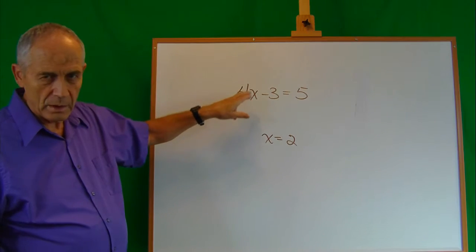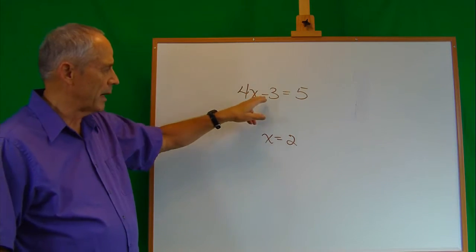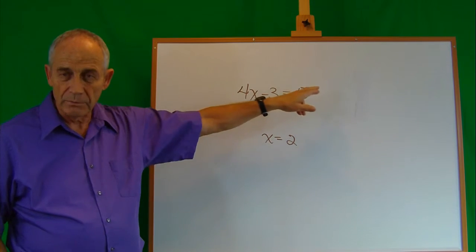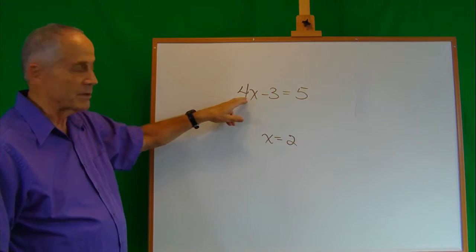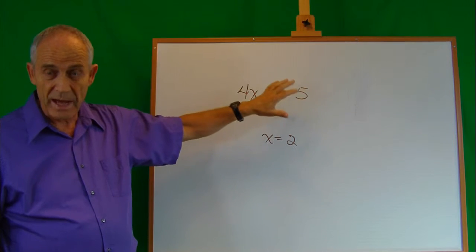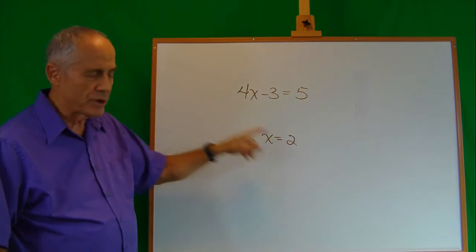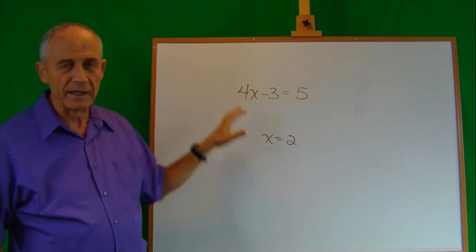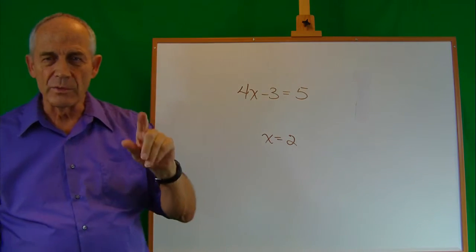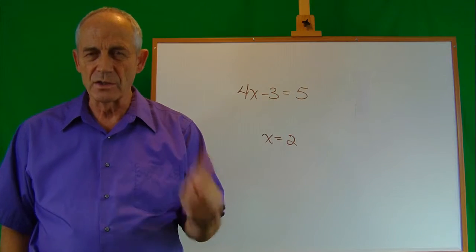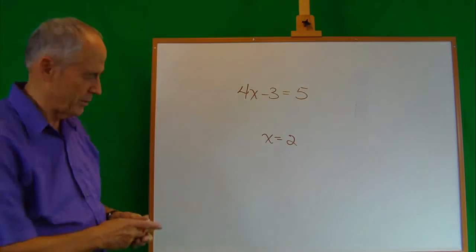So is 4 times 2 minus 3 equal to 5? Well, 4 times 2 is 8. Subtract 3 is in fact 5. So 2 works in this equation, so we say that 2 is a solution to that equation.